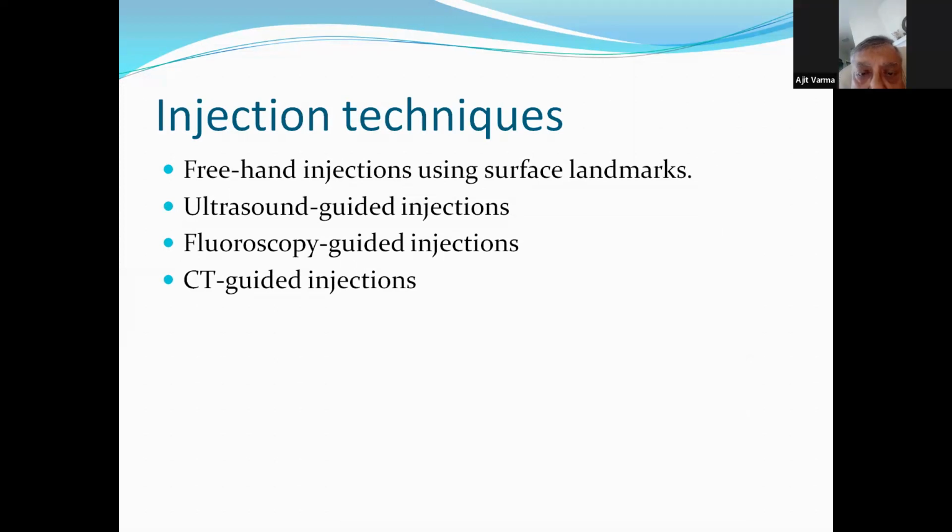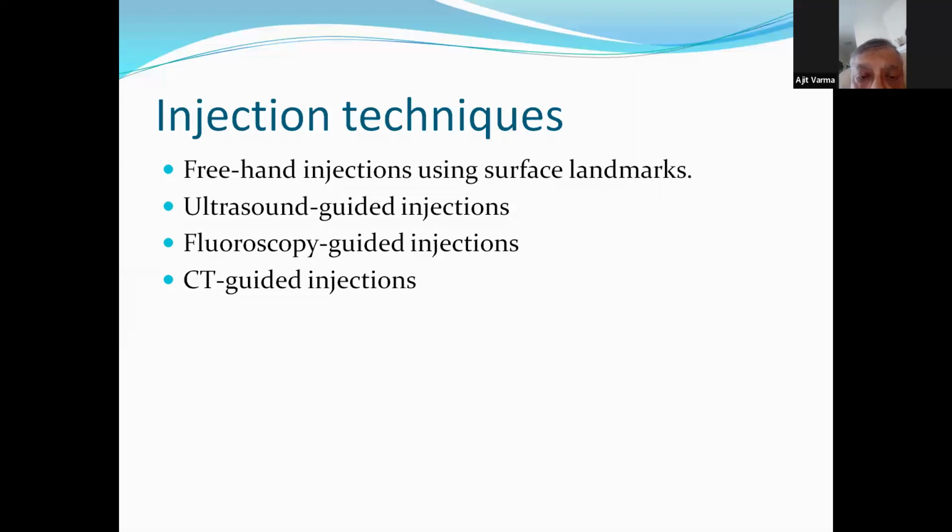For ultrasound guided injection, the physician must be well trained in ultrasound. He should have the facility of ultrasound in his own laboratory, and it is not feasible as a busy OPD procedure. So for that, freehand technique is required. Fluoroscopy guided injections are mostly required for deep-seated joints like hip joints, sometimes the shoulder joint.